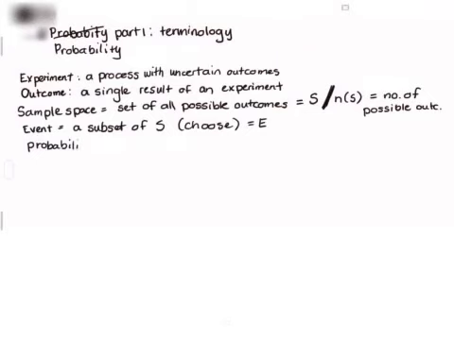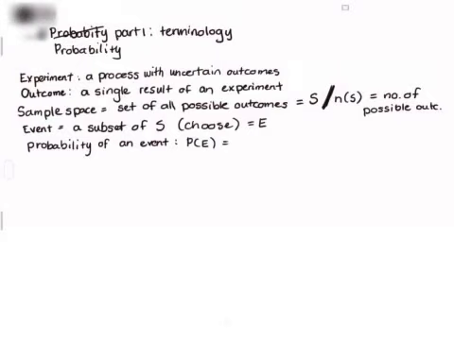Let's see if I get it right this time. Probability of an event. I'm just going to say we would write it like that. So read this. The probability of event E happening. What are the chances that event E will happen?